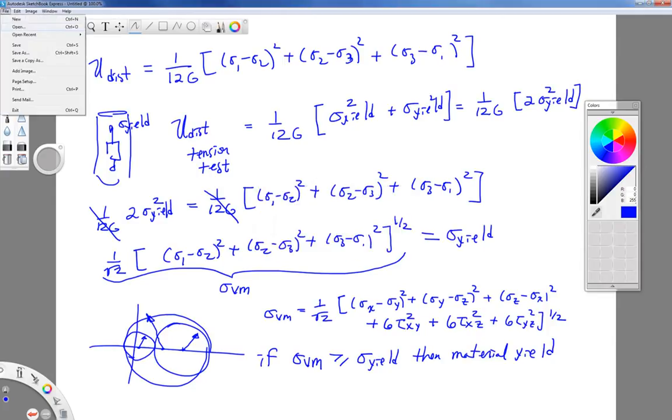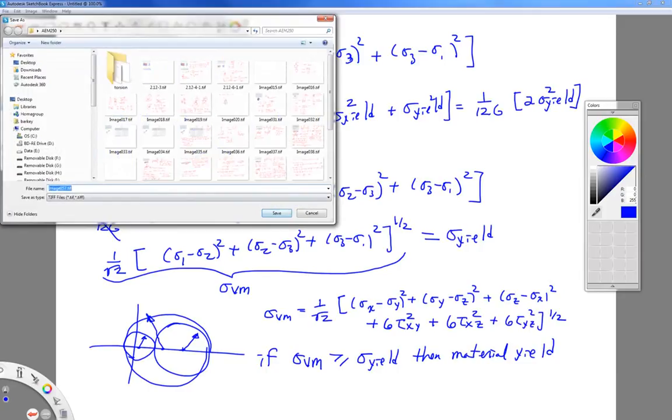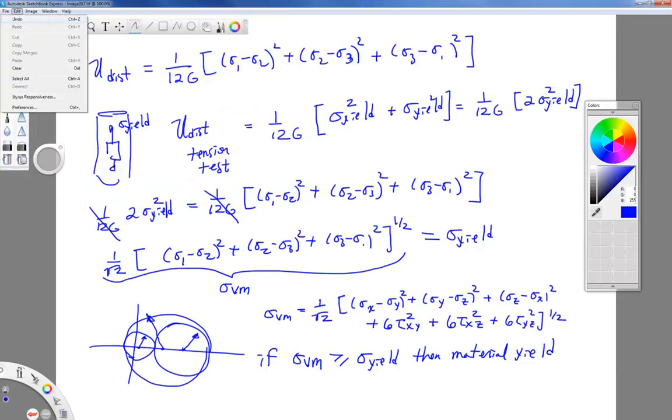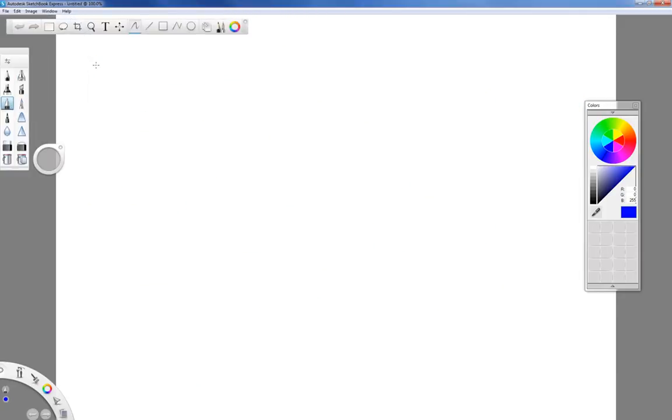Let me save this page. And we talked at the beginning about how brittle materials fail because of high sigmas. And this is called the maximum principal stress criterion.